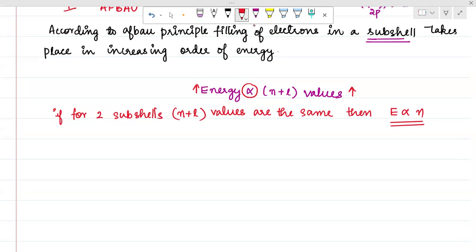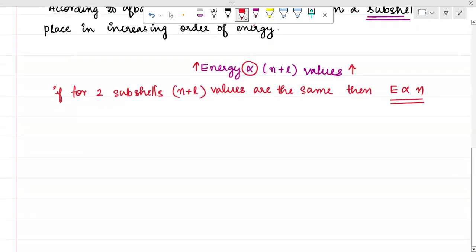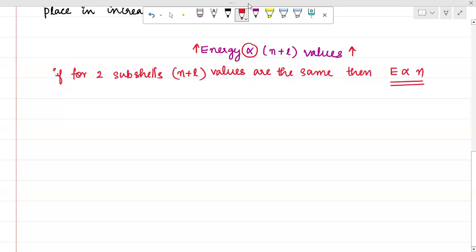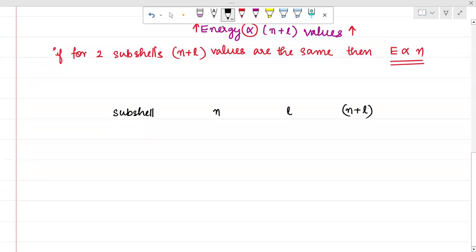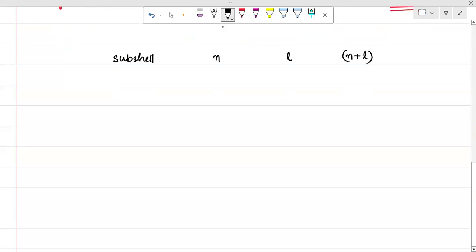Let's tabulate a few subshells and you'll get a better idea. Okay, so you can draw a table. Let's say this is subshell, N value (principal quantum number), L value (azimuthal quantum number), N plus L. Okay, let's do one by one. Let's say we start with 1s.